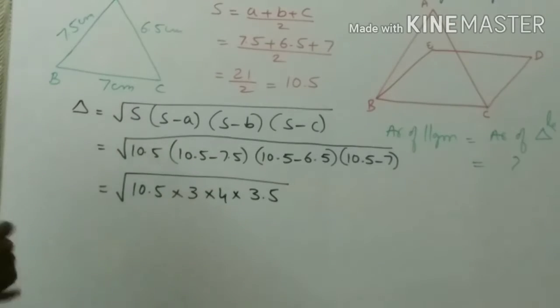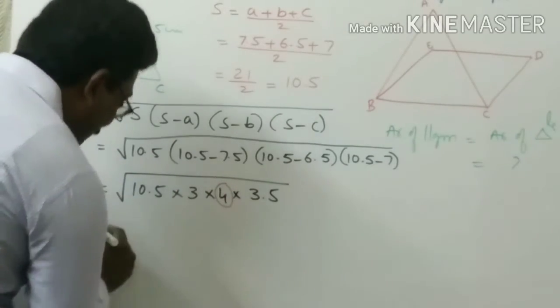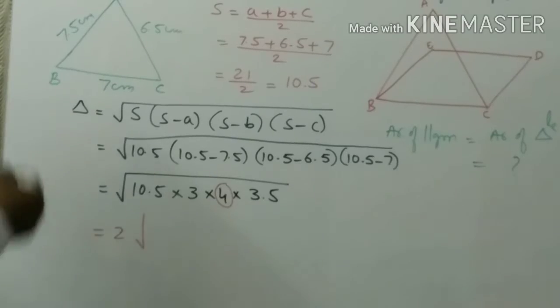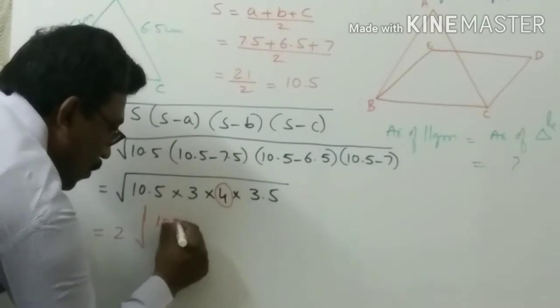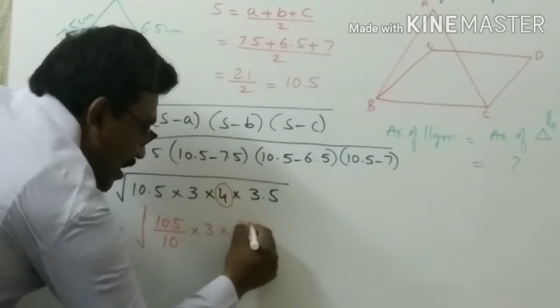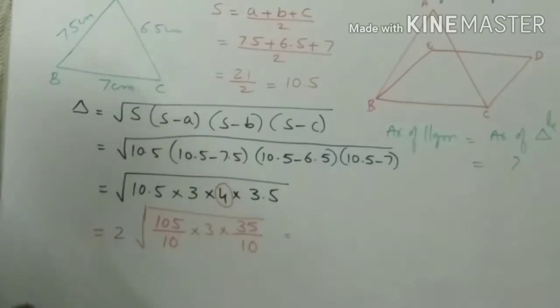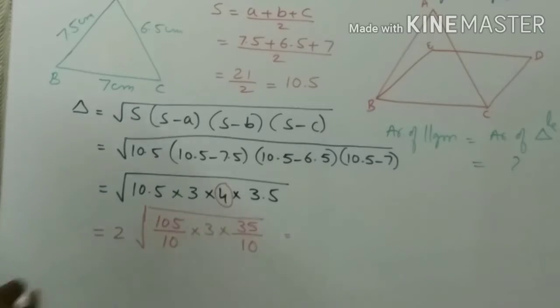Okay, among these, one is a perfect square, which is 4. 2 I wrote. Now, this 10.5 can be written as 105 by 10, and 3.5 as 35 by 10, because decimals will convert into fractions.